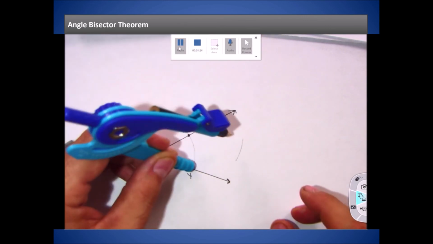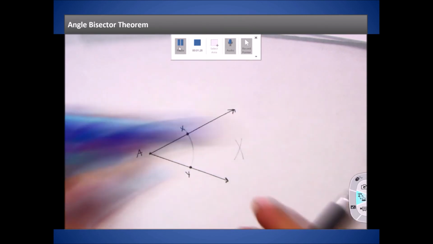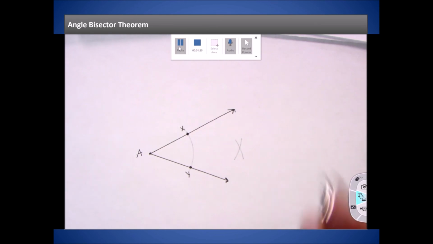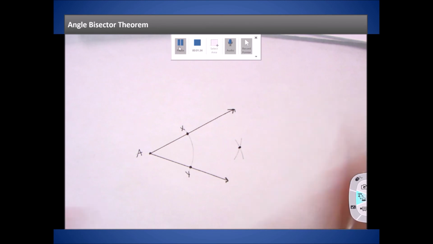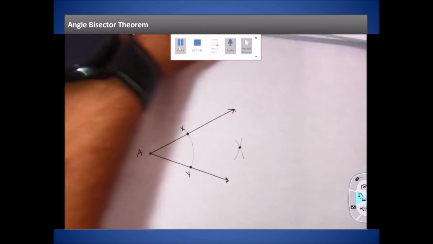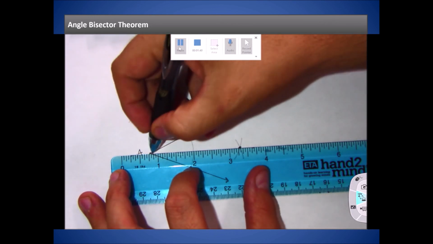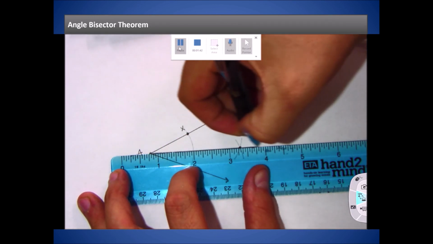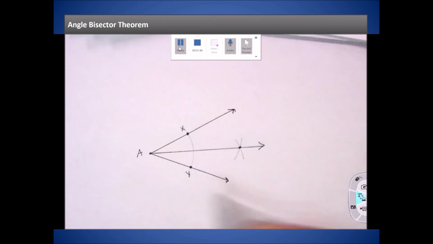And then go to Y, keeping that same measurement, and again another arc in the interior on the inside. And so now you see that those two arcs will cross. And now you can connect those with a straight edge. So we'll do that here. Okay, so that right there is my angle bisector, which is in this case a ray.